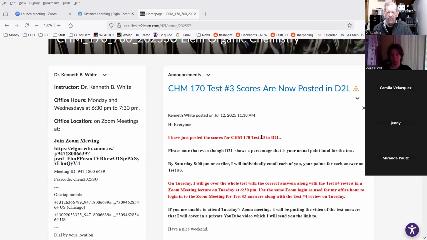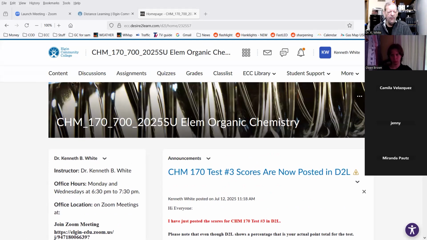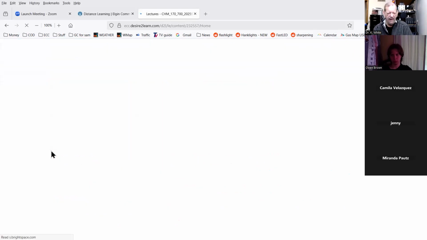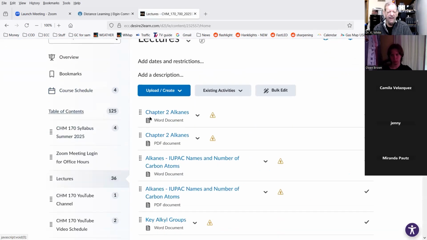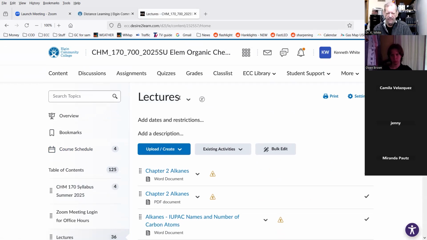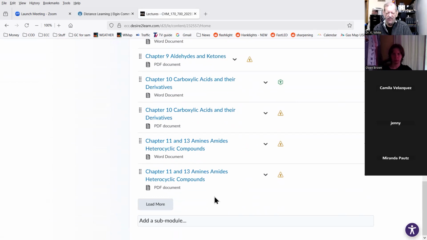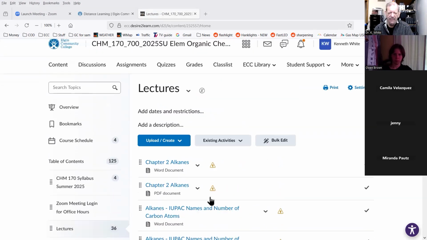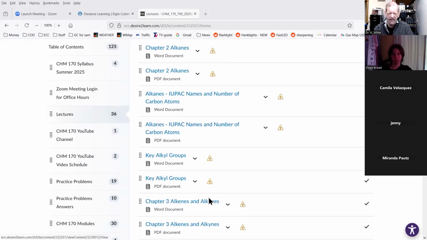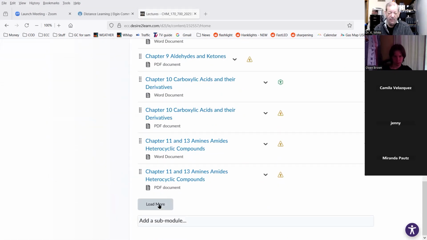Now, one thing I do want to point out, if we go to the content area of D2L, and in the lecture section, if you scroll all the way to the bottom, because D2L is ancient software, see where it says load more. Again, scroll all the way to the bottom of the lecture folder, and you'll see a button that says load more.